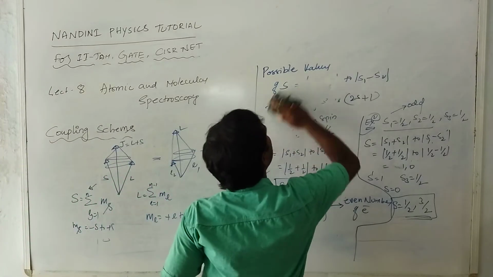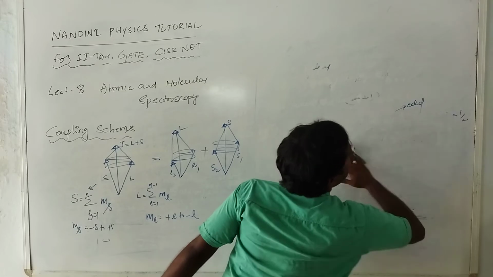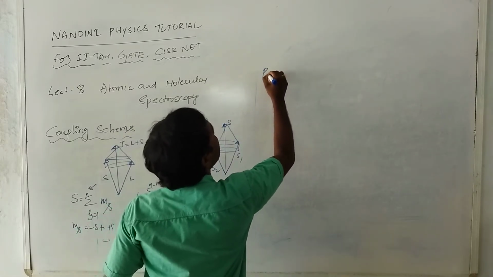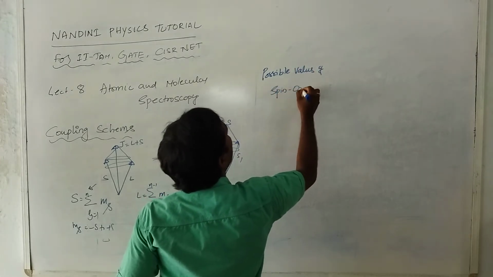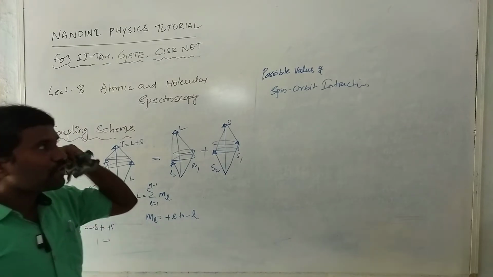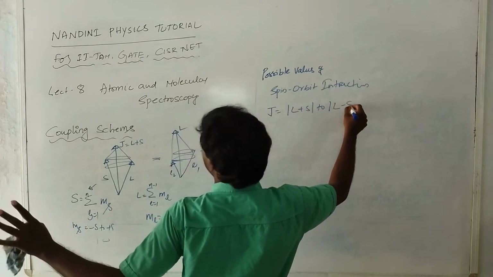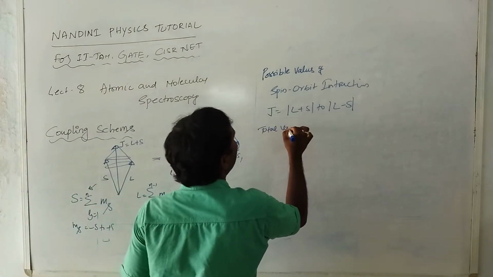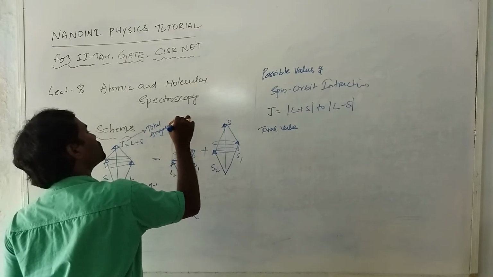The possible values of the LS coupling, the possible values of spin-orbit interaction, are capital J is equal to L plus S to L minus S. This is called the total angular momentum.